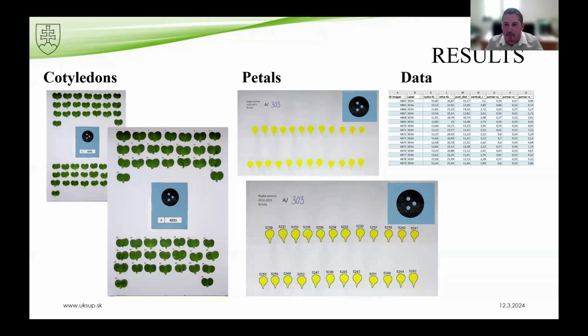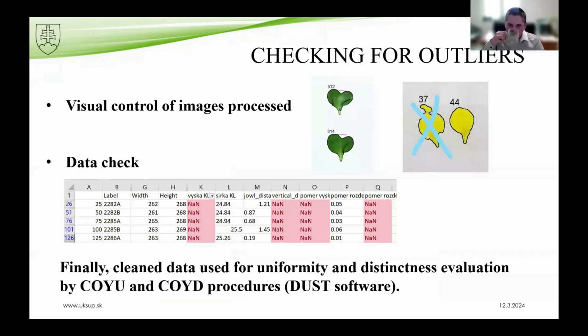Next slide. Our DUS experts, in cooperation with statisticians, check the images for outliers that shouldn't appear in the data for statistical analysis. We use for uniformity and distinctness evaluation of candidate varieties.